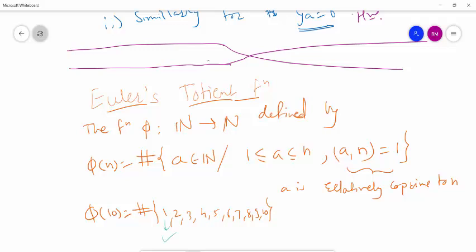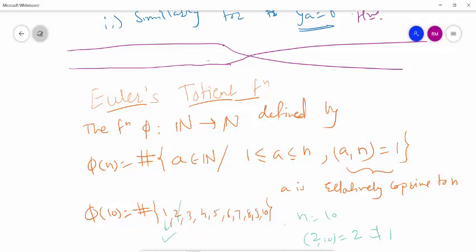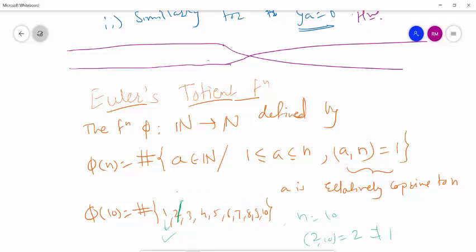2 and 10: GCD, is it 1? No, it is 2. Not equal to 1, so we reject 2. GCD of 3 and 10 is 1, so we select it.